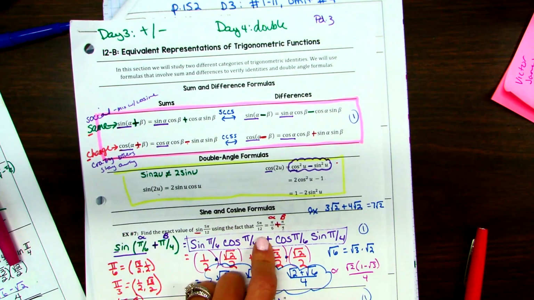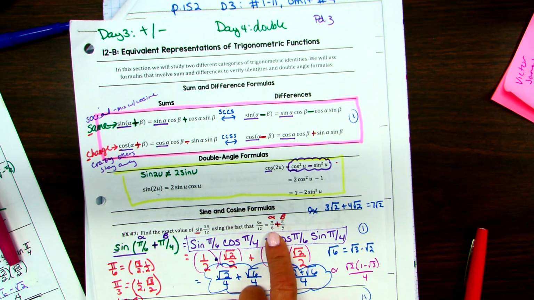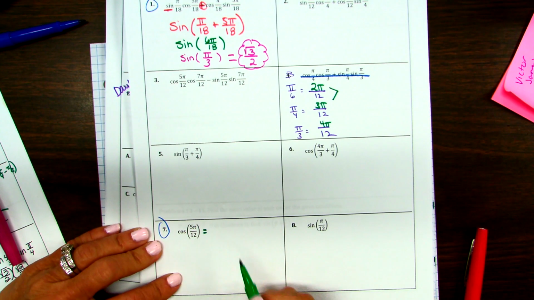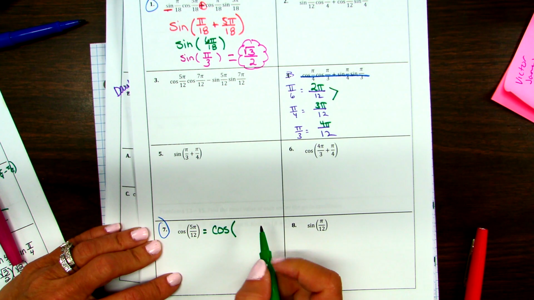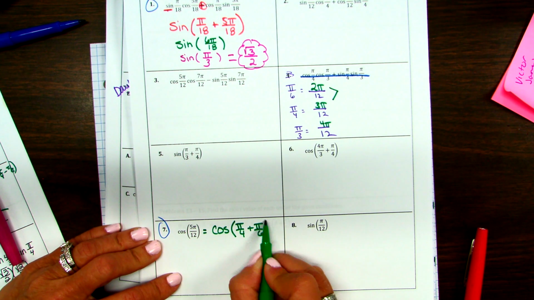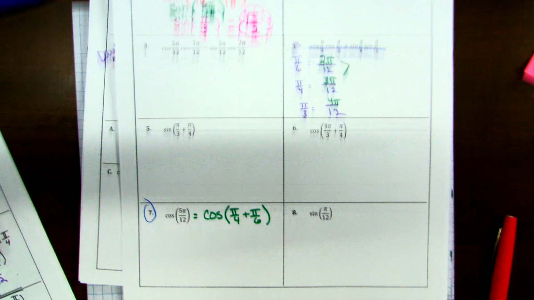We had a 5 pi over 12 in our notes, and the way it was written was pi over 6 came first. I'm going to put pi over 4 first just to show you it doesn't matter, okay? So I'm going to rewrite this as cosine of, what did I say? It's going to be pi over 4 plus pi over 6. Does everybody know where I got those 2 and why? We're good? Ask a question if not.